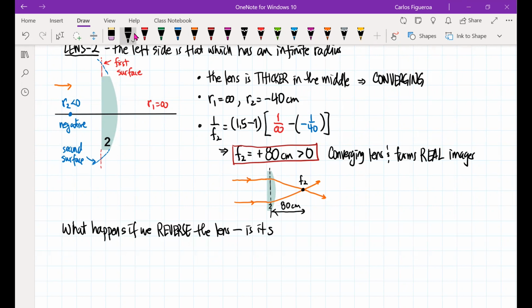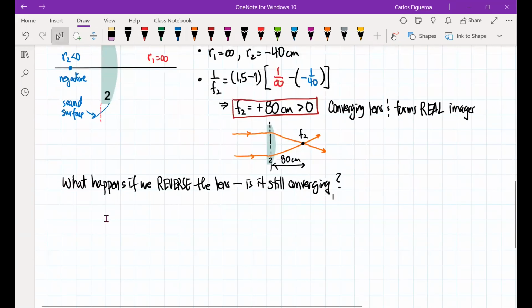Is it still converging? What I'm really asking is this question. Suppose I come back in here and I paste this lens. Okay, so I'm pasting it right here. And so I'm asking, what focal length am I going to calculate?